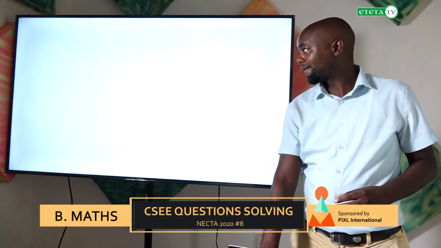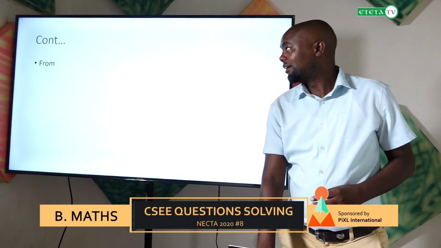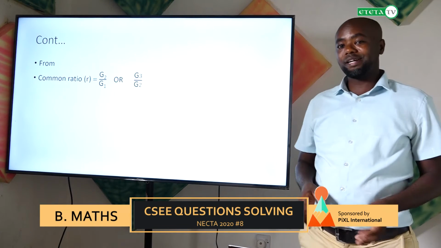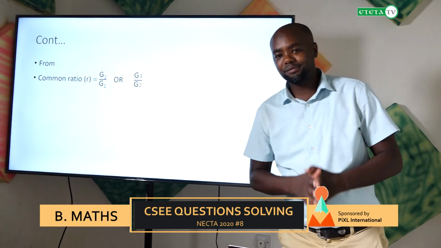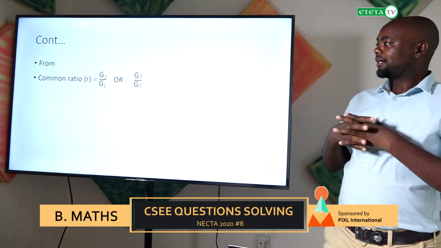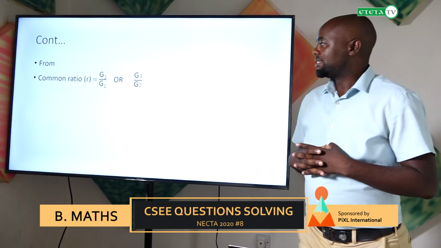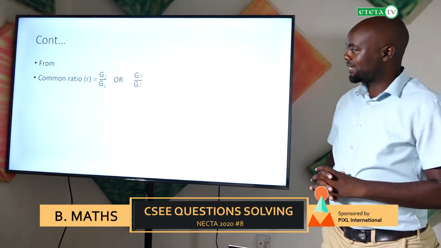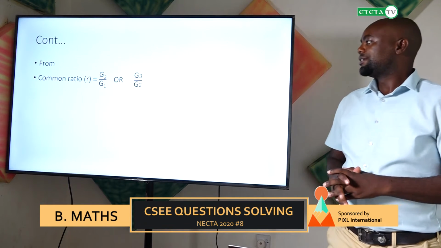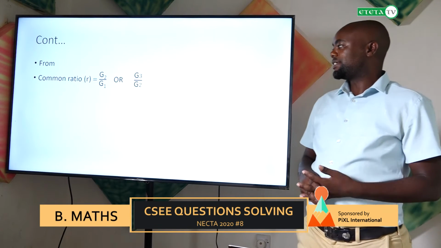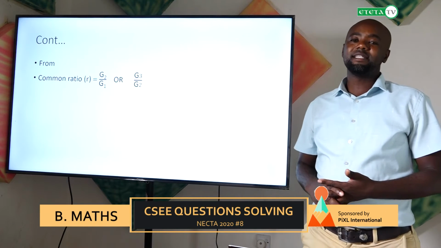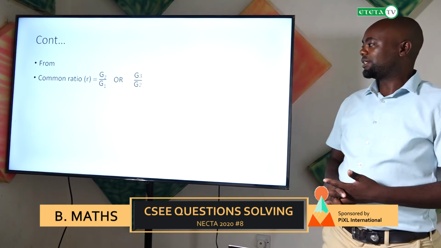We know that the formula for finding the common ratio is G2 over G1, which is the same as G3 over G2 or G4 over G3, whatever the case.